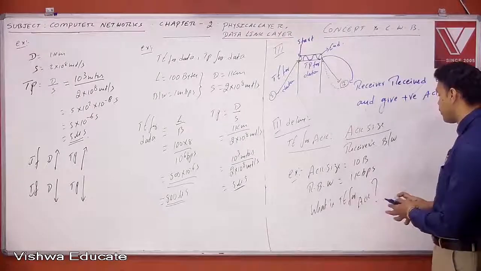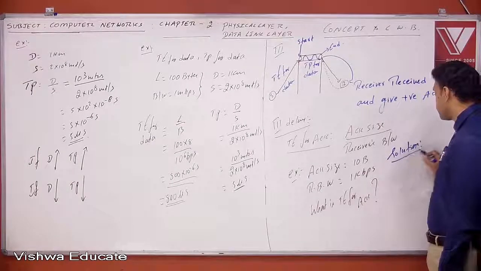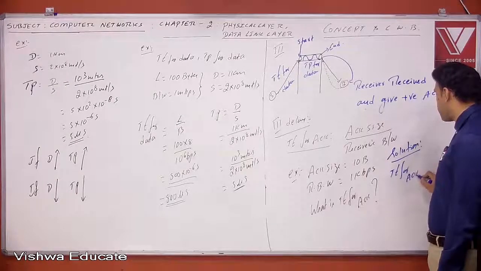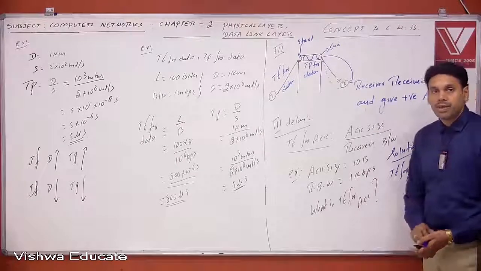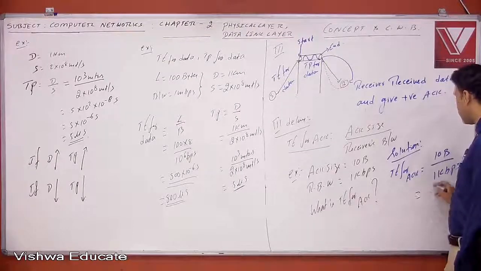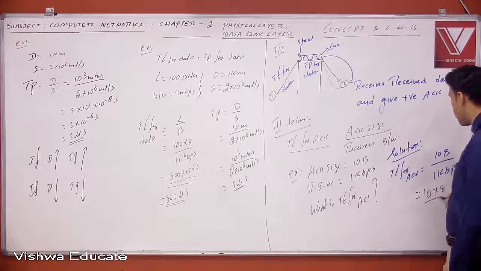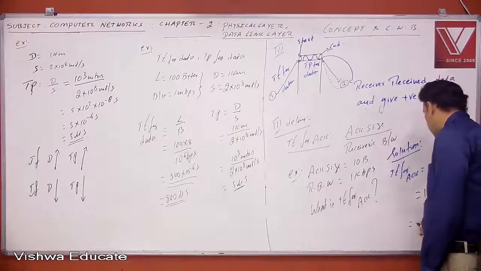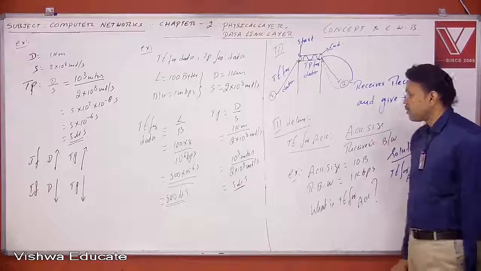The answer is: TT for acknowledgement equal to 10 bytes by 1 kbps. How much is it? Numerator is in bytes, denominator is in bits. So 10 into 8 divided by 10 power 3 bits per second. This is nothing but 80 into 10 power minus 3 s.